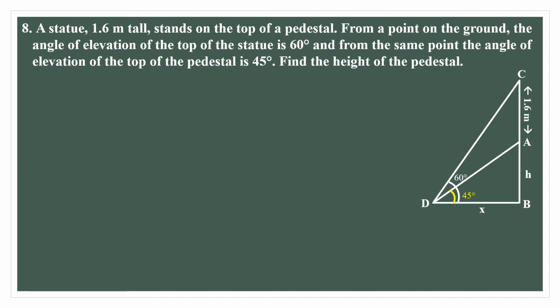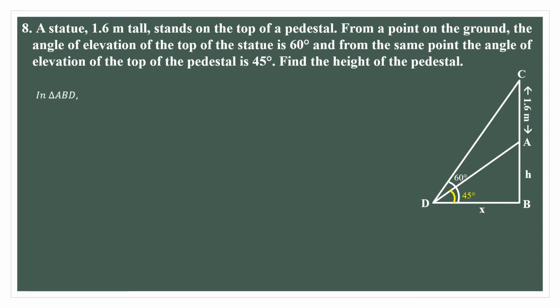So we require two different equations to solve for these two unknown quantities. From the figure it is quite clear that we can get two relationships between h and x: one when we take triangle ABD, and another when we consider triangle CBD. So let us proceed with the solution now.